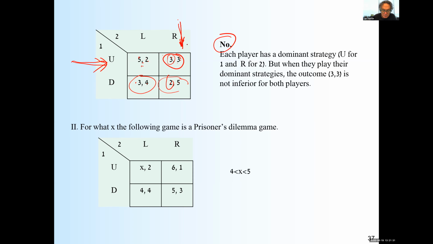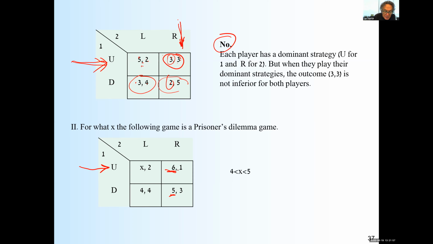Let me go here. I have X, 2, 6, 1, 4, 4, 5, 3. In order to make it a prisoner's dilemma game, the question is what X should be, so that the following game is a prisoner's dilemma game. Since 6 is more than 5, and I look for a strictly dominant strategy for 1, it must be up.